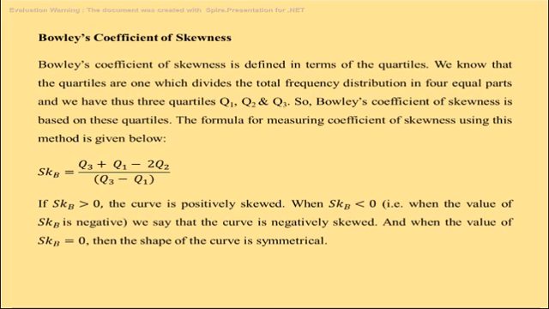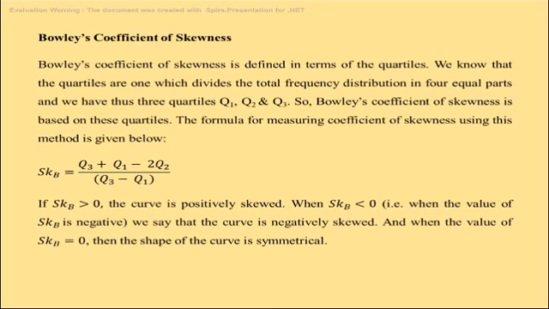The second relative measure of skewness is Bowley's coefficient of skewness. Bowley's coefficient of skewness is defined in terms of the quartiles. We know that we divide the total frequency distribution into 4 equal parts, and we thus have 3 quartiles Q1, Q2 and Q3.